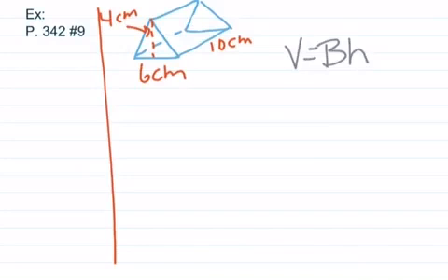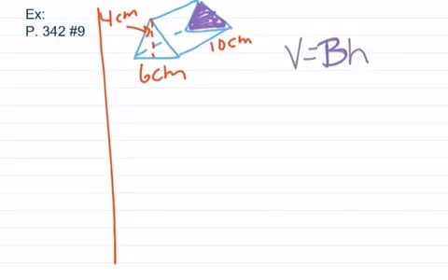So for capital B, I'm going to make this capital B purple. What shape is my base in a triangular prism? The triangles are the bases. So for the area of the base, we're looking at this purple shaded space, the area of a triangle.